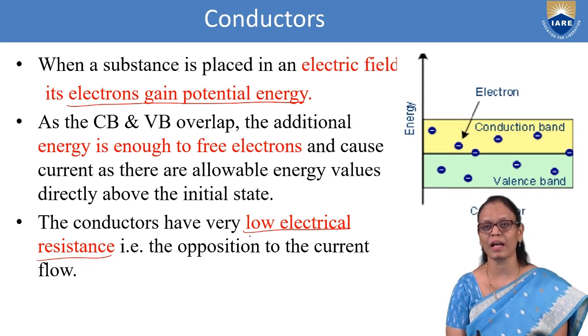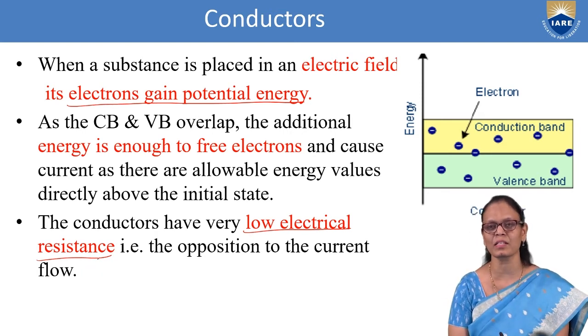So the conductors have very low electrical resistance. Low resistance means the conductivity will be high, they will conduct more. With low electrical resistance, they become good conductors. So the opposition to the current flow is less, and they allow the current to flow very easily.